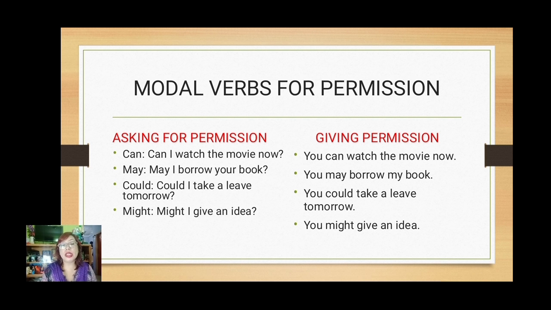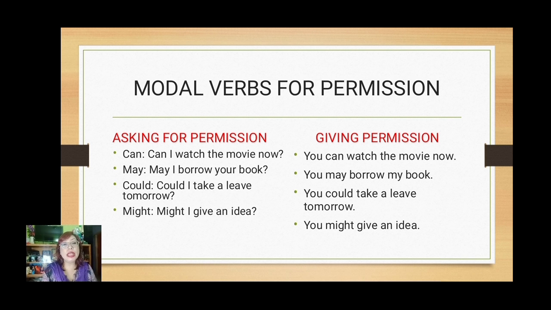Here we will be seeing some other modal verbs like may and might as well. For asking permission which is less formal, we use the modal verb can. Can I watch the movie now? This is a modal verb seeking permission.